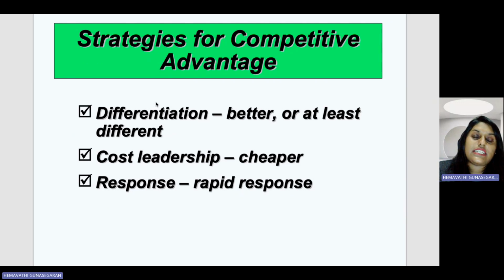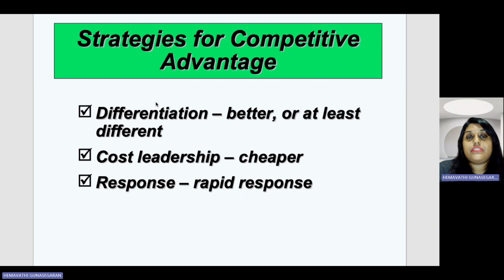All right. So these strategies involve differentiation, cost leadership, and response. Now, in terms of differentiation, it needs to be better or at least different from the other substitute products. And for cost leadership, we want to ensure that the cost is going to be cheaper. And the response is that we are going to have rapid responses.